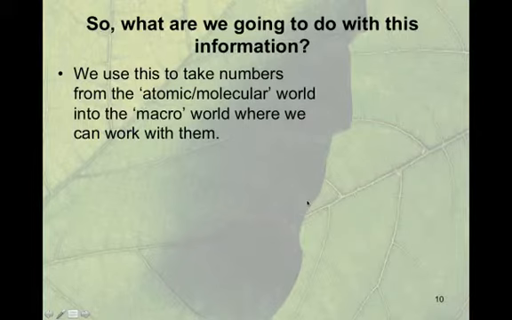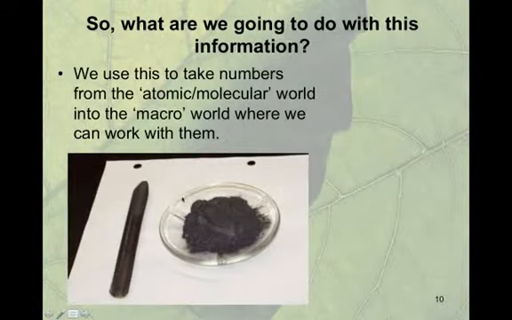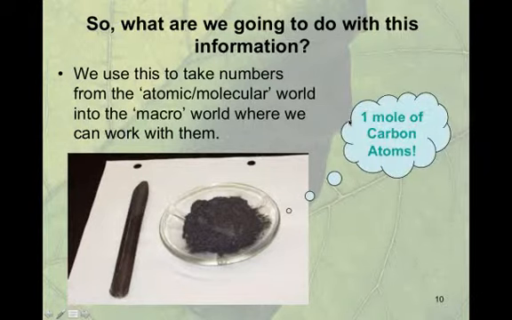And why do we care? Well, as chemists, we need to take the very small and make it into something that we can actually handle and use and think about and do calculations with. So what we do is we take the very small and we make it into a mole.